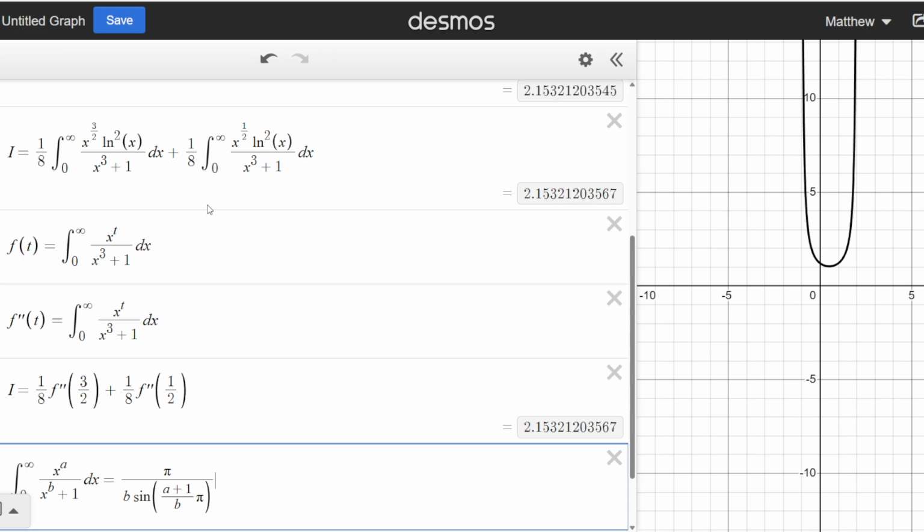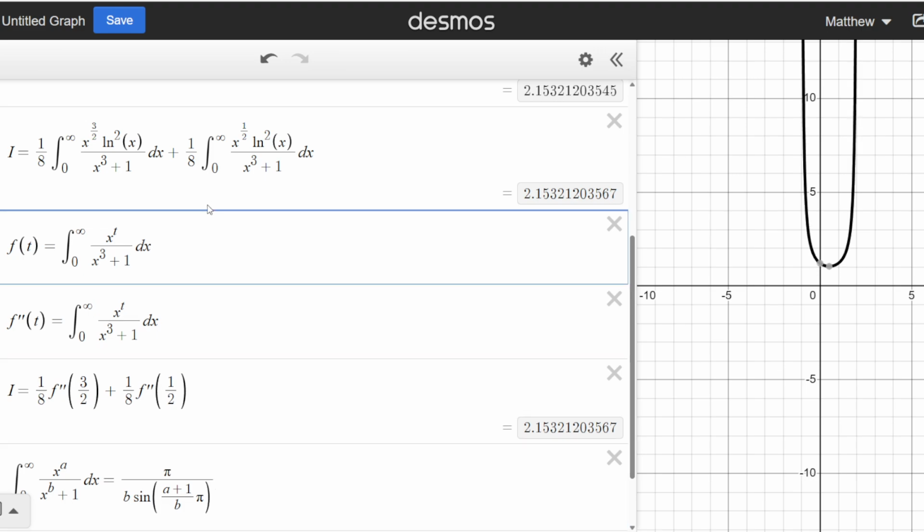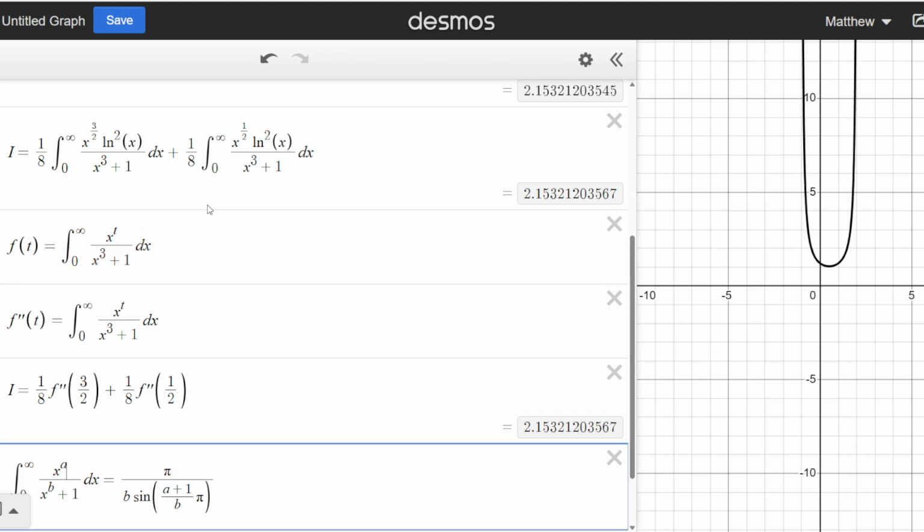All right, so now you'll notice that this integral is in this form with our a being equal to t and our b being equal to 3. So we can say that this is true.